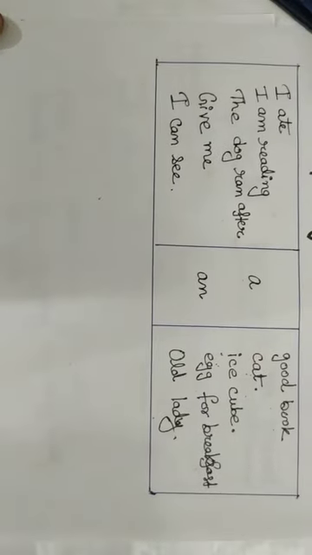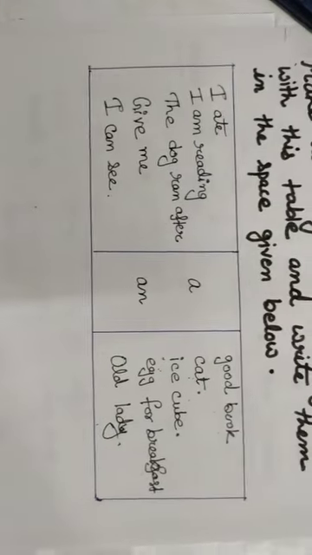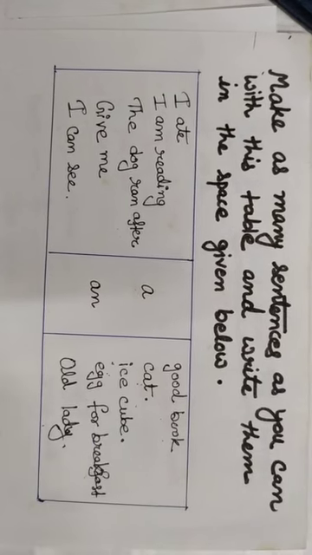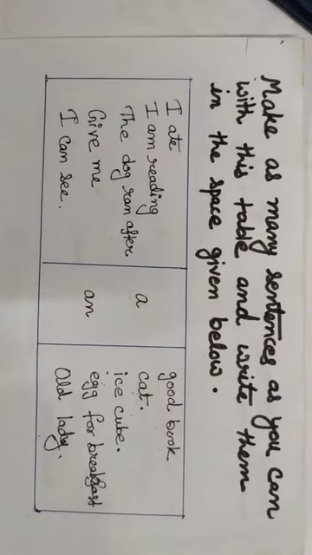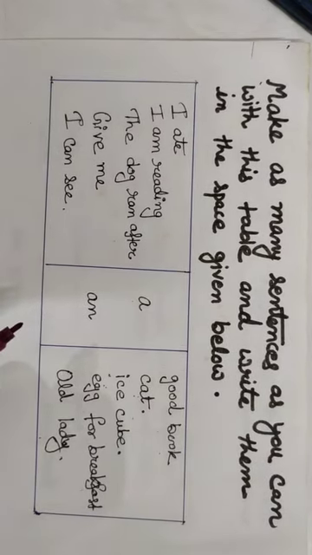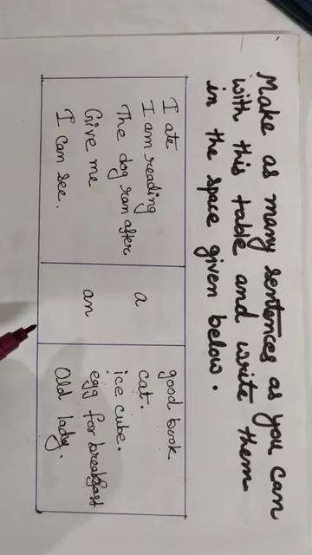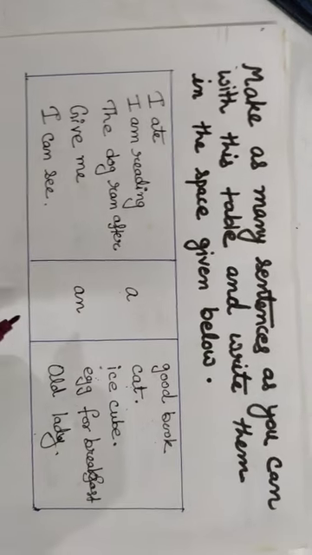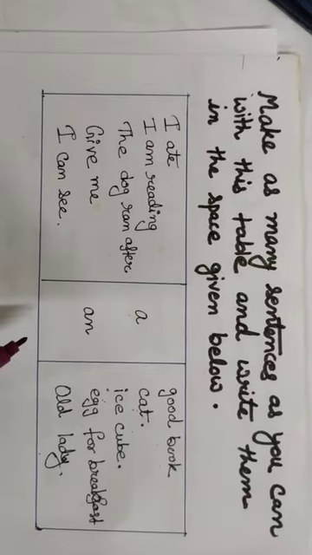Now, next page, one more question is there. The rest of the part we have completed. That was left to revise. That is on page number 6, worksheet number 3.